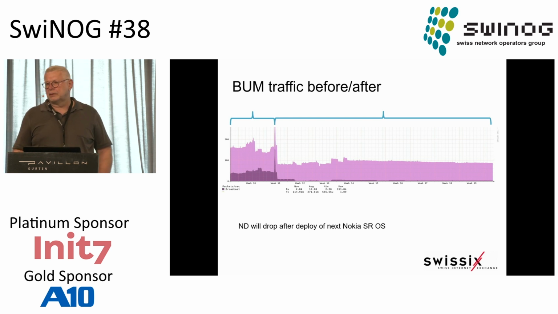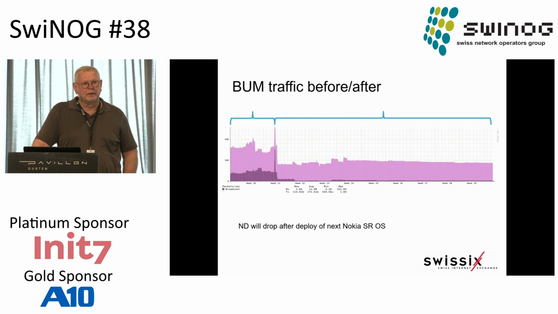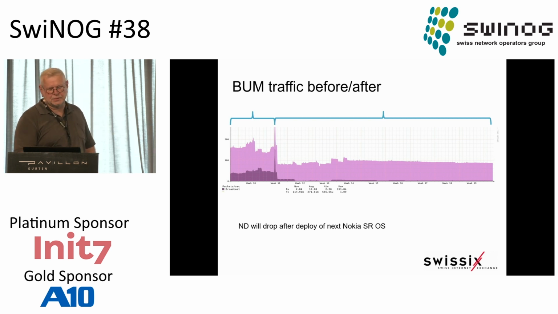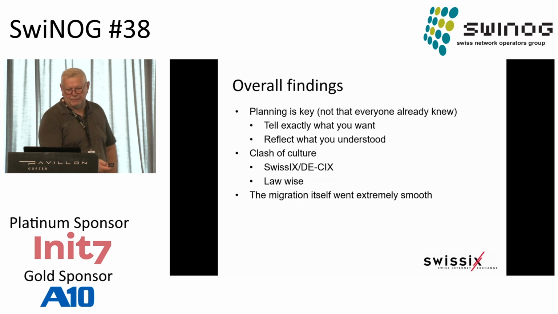That way there is, of course, less ARP traffic and neighbor discovery traffic, and also there is no chance to do proxy ARP anymore. The overall finding is that planning is key, not that everyone knew about it.